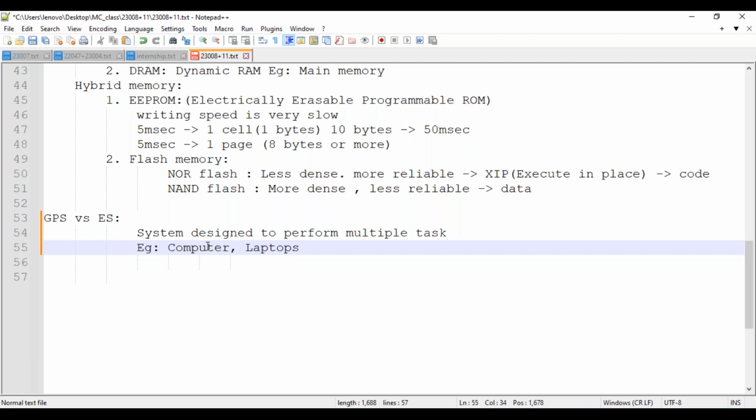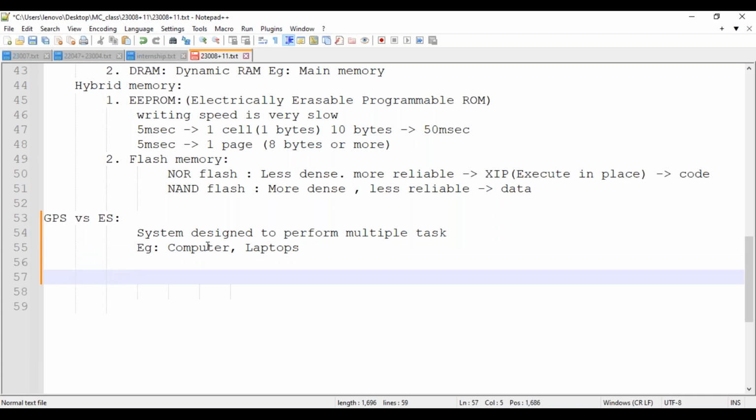Or if my sibling is using it, maybe for playing games. So the usage of the device varies from one user to another, but generally it is capable of doing multiple tasks. So general purpose systems are the ones which are designed to perform multiple tasks.